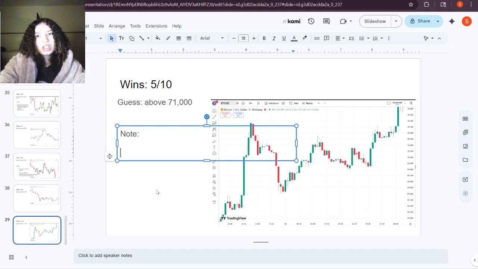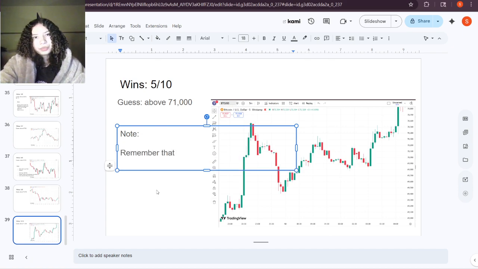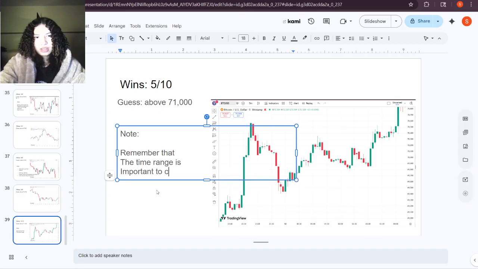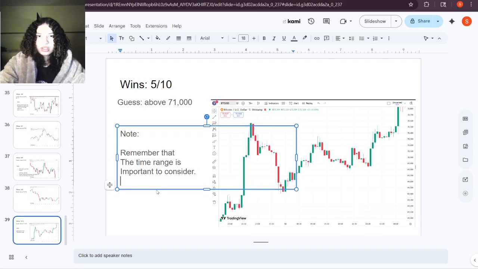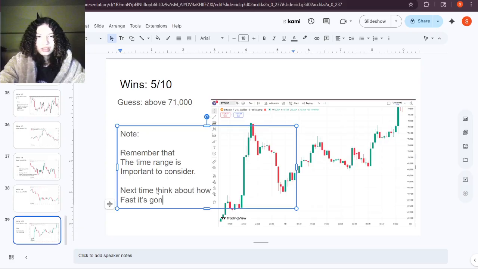Note, remember that the time range is important to consider. Next time, think about how fast it's gonna move upwards.